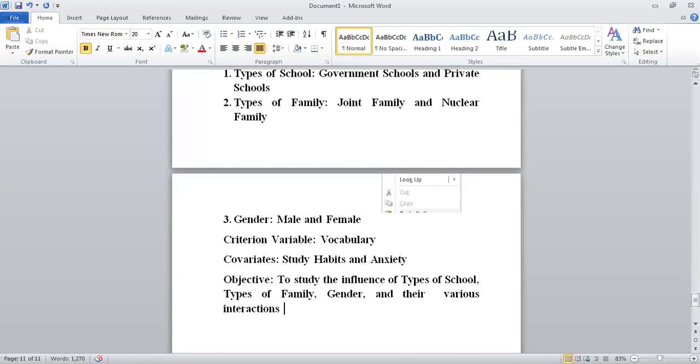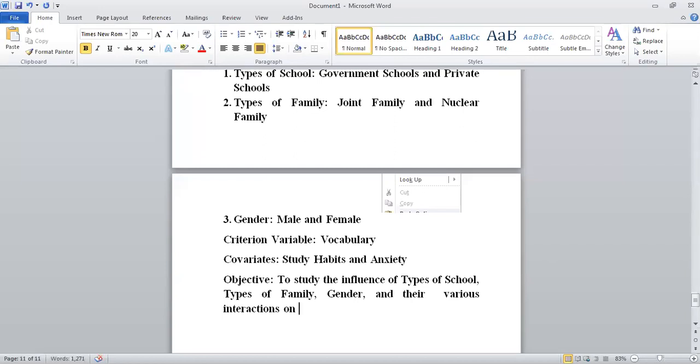Okay, and their various interactions. Because in this particular case, there will be first order interaction as well as second order interaction. So that is why we have two types of interaction, and I have written and their various interactions.